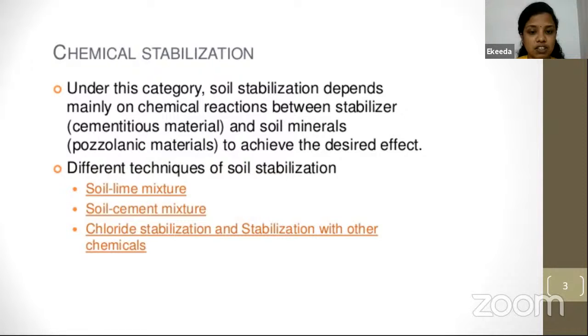The different techniques of soil stabilization are soil lime mixture and soil cement mixture, which we explained in the last class, how we can mix soil with lime and soil with cement. Today we'll discuss how calcium chloride or sodium chloride reacts with the soil to get it stabilized.